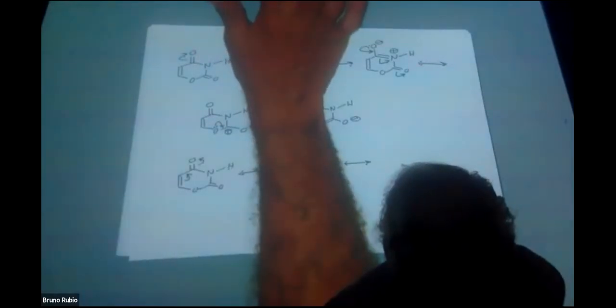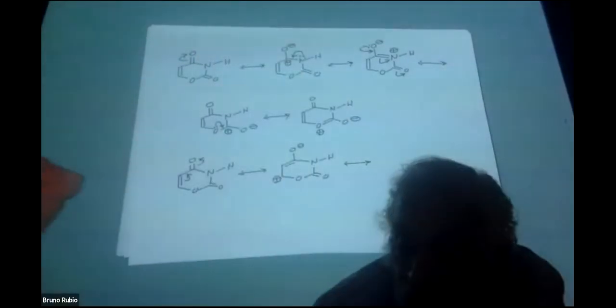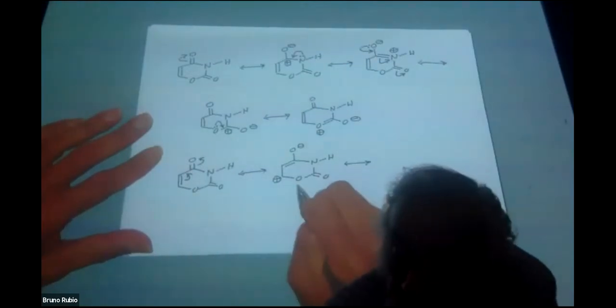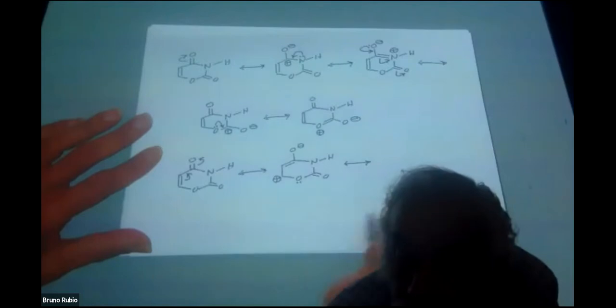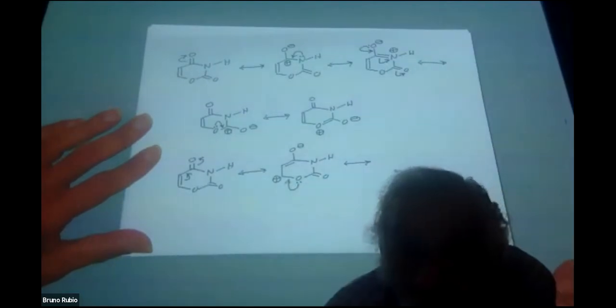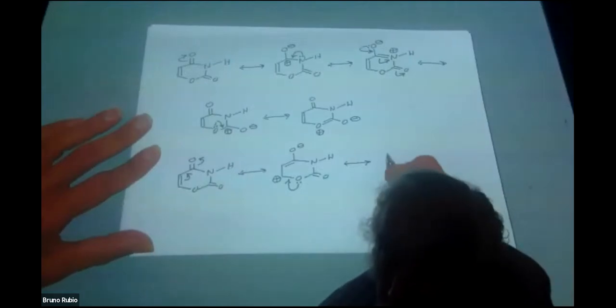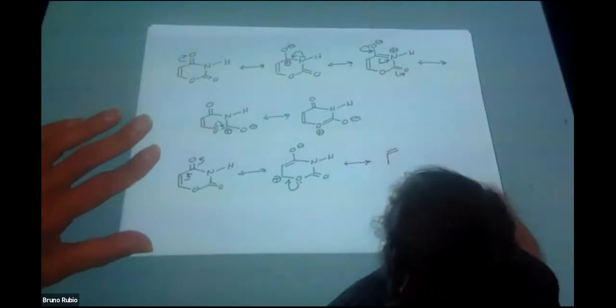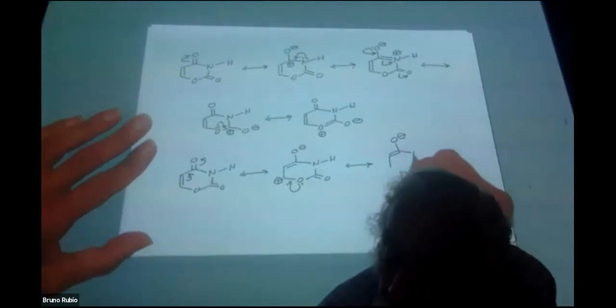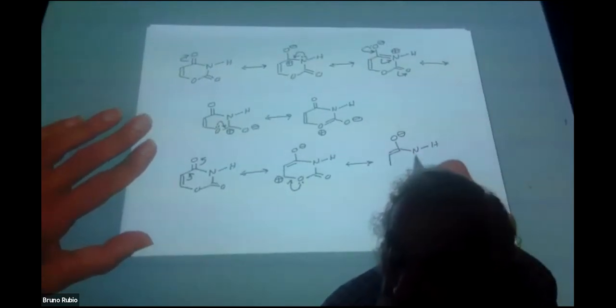Okay. So I could do a lot of things, but I know that this oxygen has an unshared pair of electrons on it, right? I could move the electron pairs over here. So yeah, I've come up with another resonance structure that I haven't had already, and that's going to be this one.